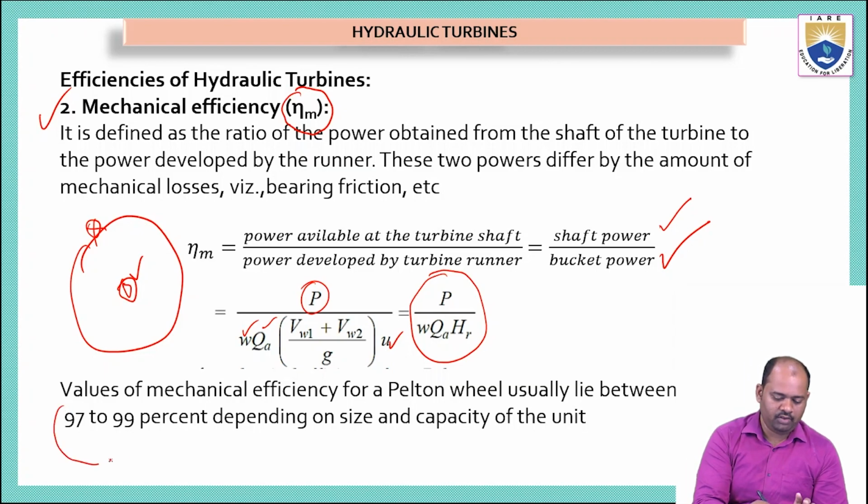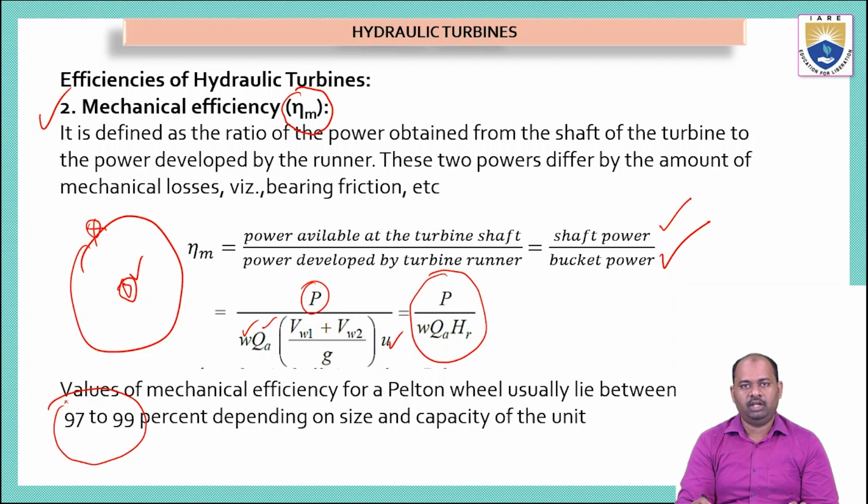So 97% of the energy available at the bucket is converted into shaft power. What about the remaining 3%? The remaining 3% of energy will be lost due to friction, bearing friction, or mechanical losses. So somehow we have to lose something to gain a lot.